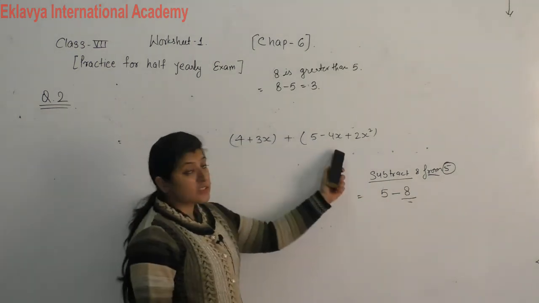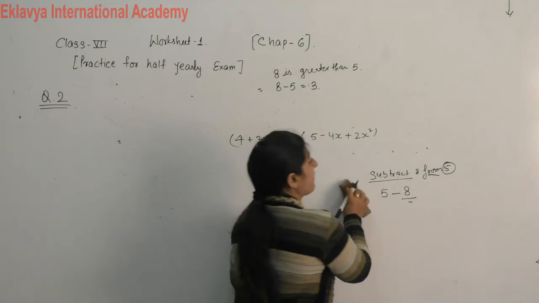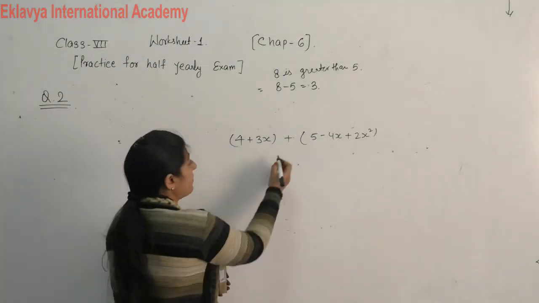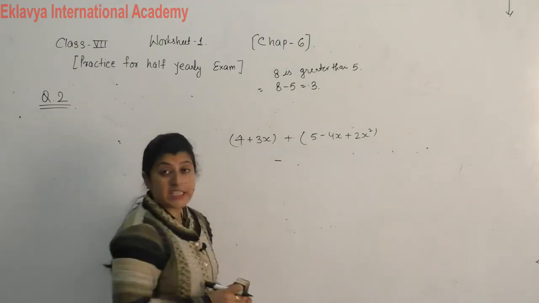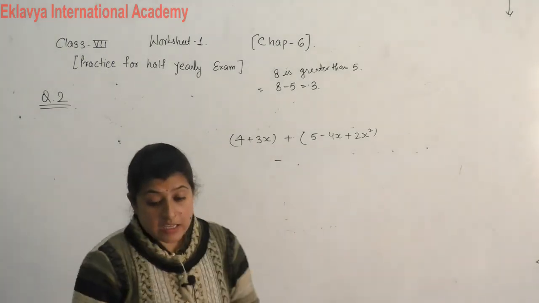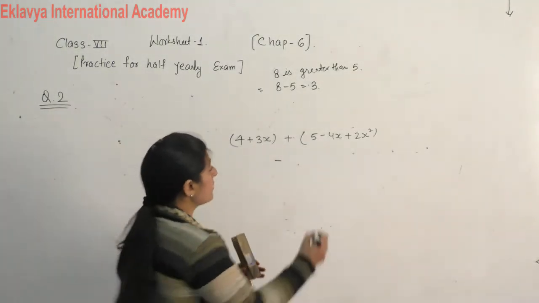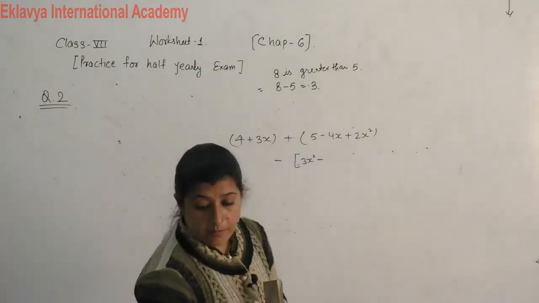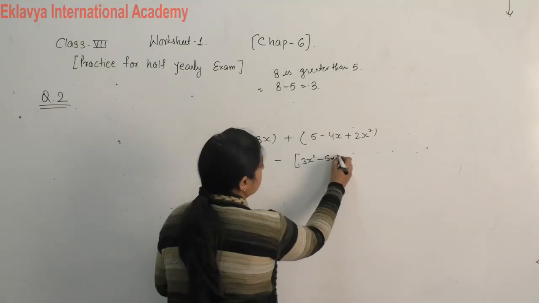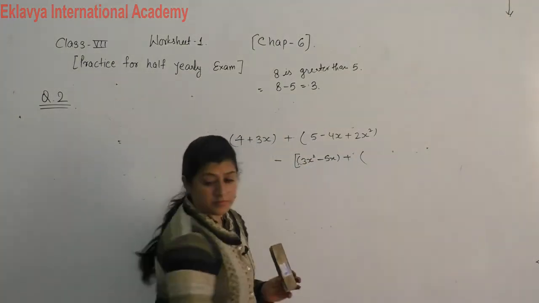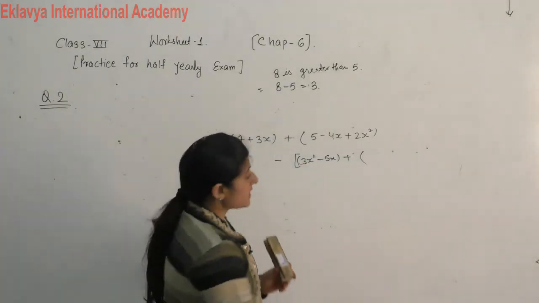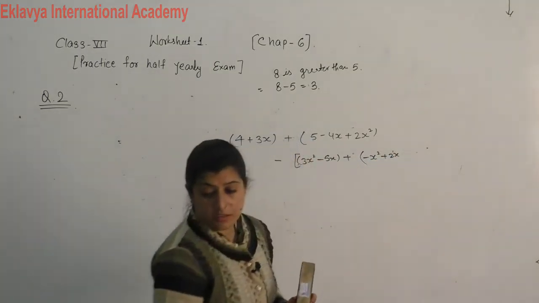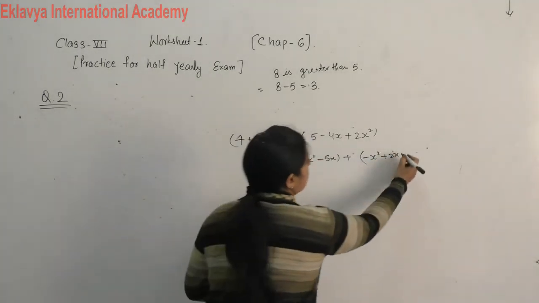Firstly we find out the sum of these two algebraic expressions, then we take this one expression minus the sum of the other two expressions, that is 3x square minus 5x and minus x square plus 2x plus 5.